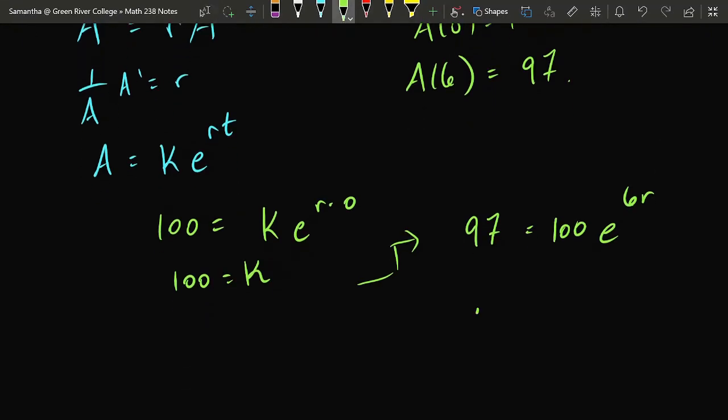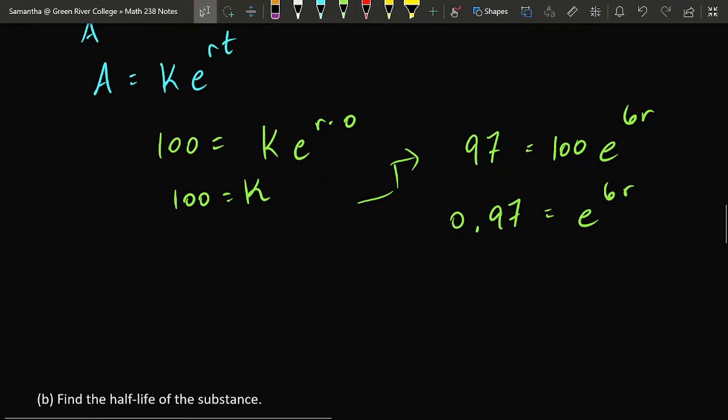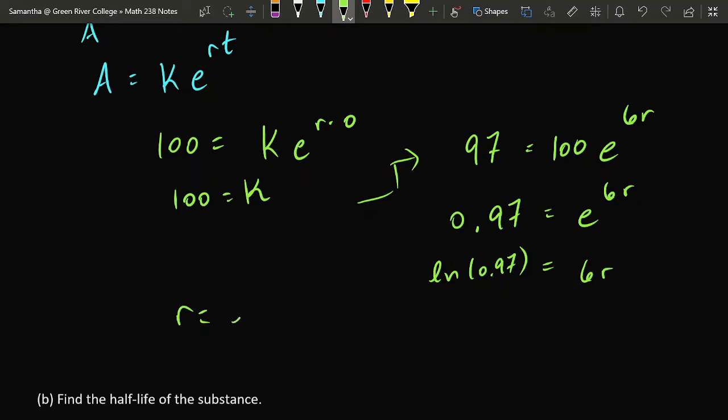So 0.97 is equal to e to the 6r, which means that 6r is equal to the natural log of 0.97. And therefore r is equal to the natural log of 0.97 divided by 6.